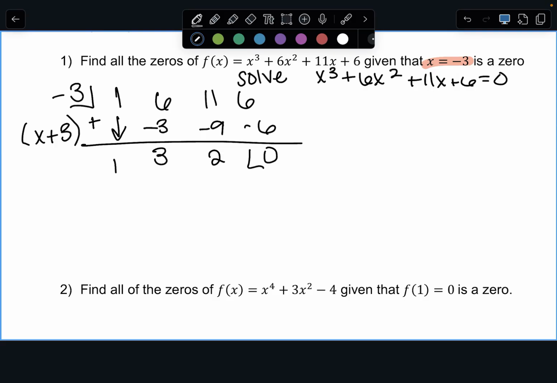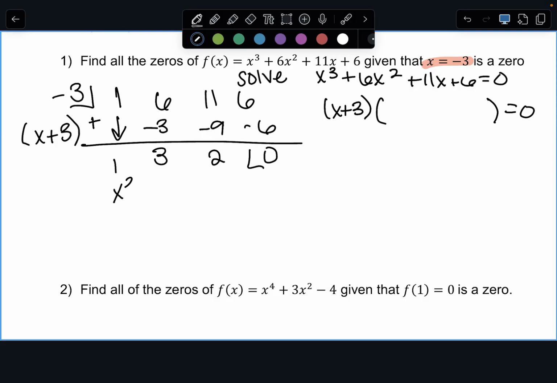And that also means that this equation can be turned into the factor that I took out, the x plus 3 factor, and what I got after I divided it out. If I started with an x cubed, this should be an x to what power? Squared.